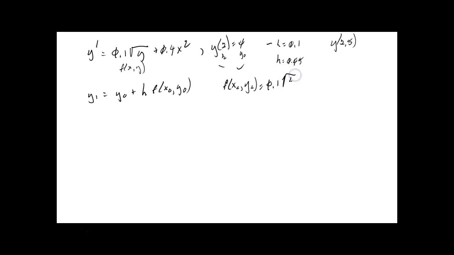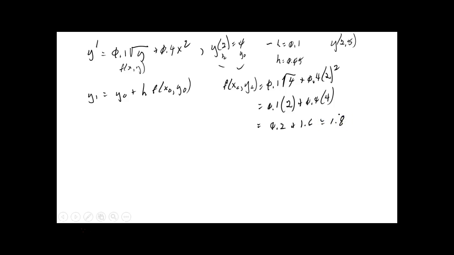The square root of 4, because that's your initial value y0, plus 0.4 times your x, which is 2 squared. So this was 0.1 times 2 plus 0.4 times 4, and this was 0.2 plus 1.6 equals 1.8.